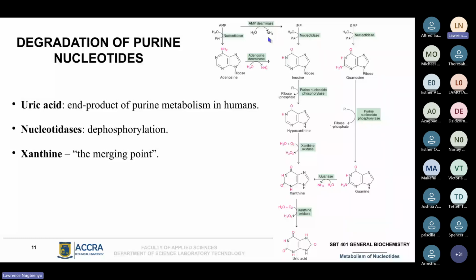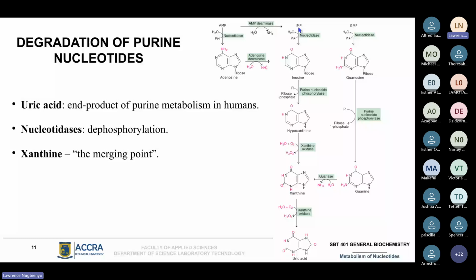So the amine group, which is on the six-sided ring of adenosine, is removed, and we have the formation of inosine monophosphate.